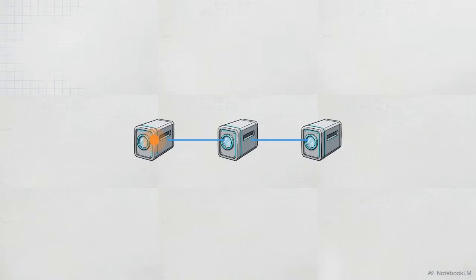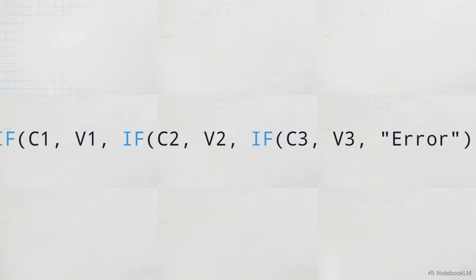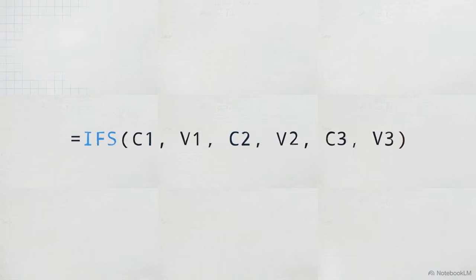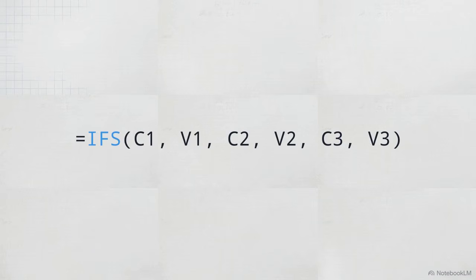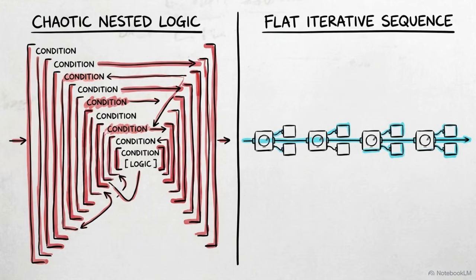The syntax evaluates pairs of conditions and values sequentially. It checks condition 1 and outputs value 1. If false, it slides laterally to condition 2 and value 2. Processing pairs in sequence completely eliminates the need to embed functions inside of functions, instantly clearing the cascading parentheses. Flat iteration removes the structural fragility and heavy syntax risks inherent in deep recursion.